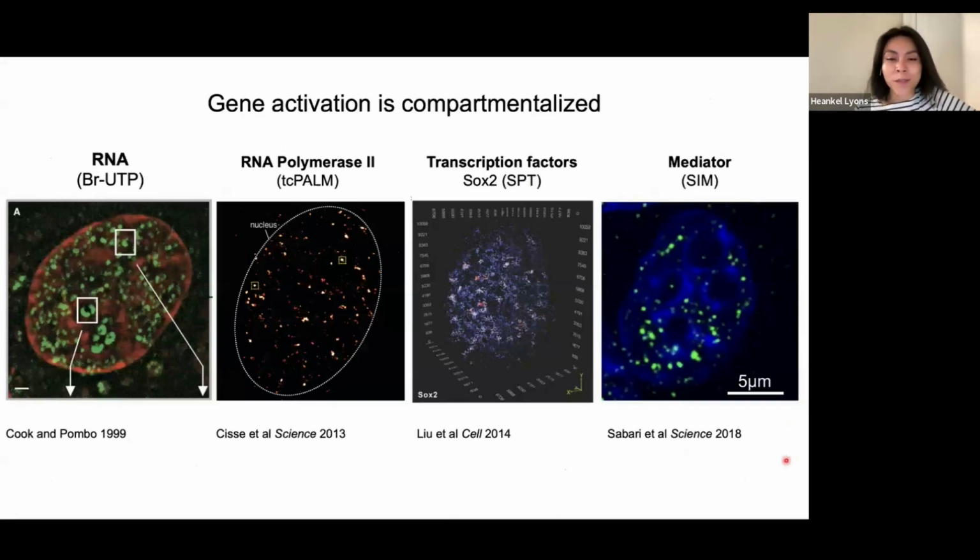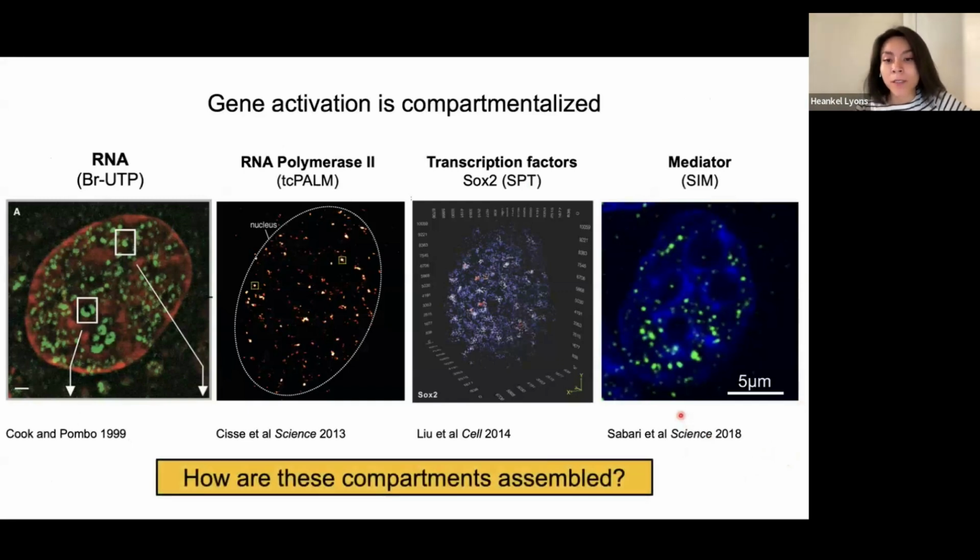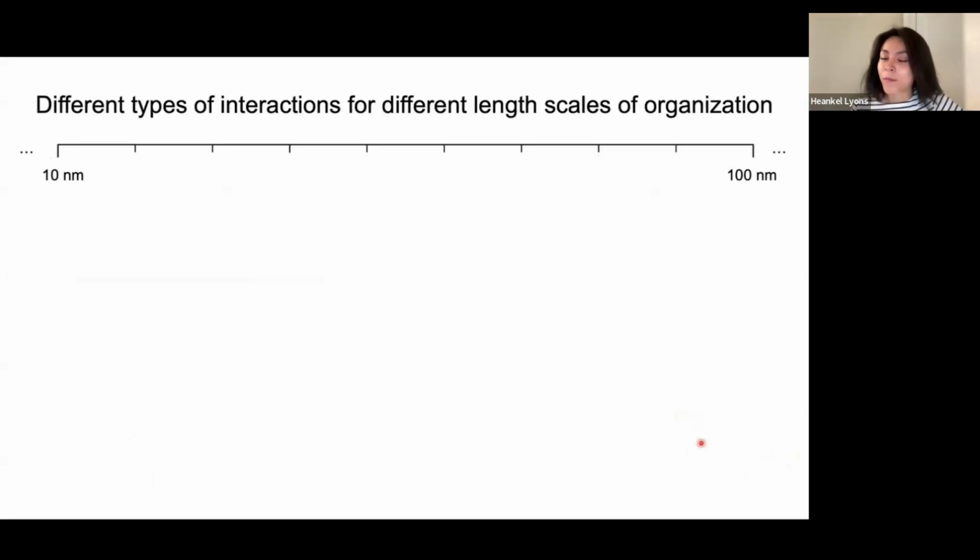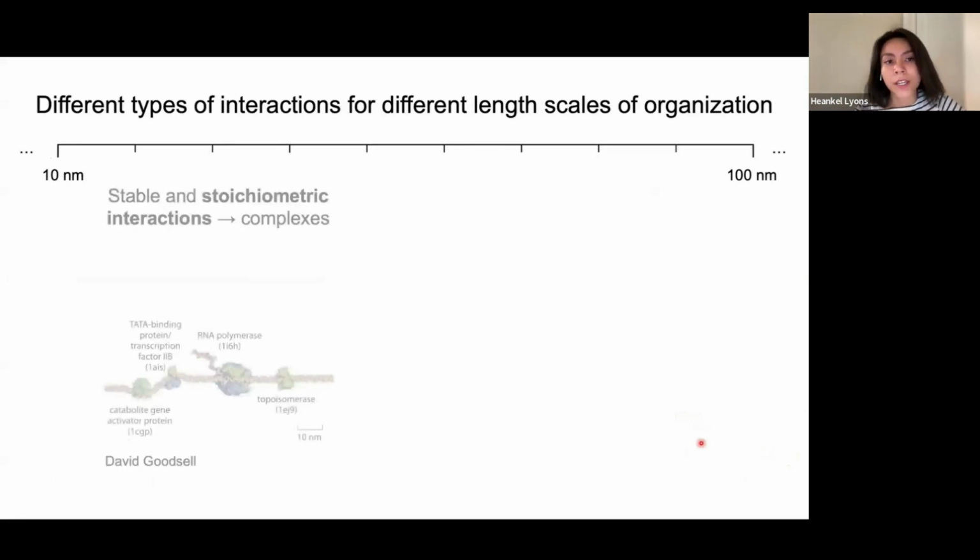For a very long time, it's been observed that the gene activation machinery is organized in the nucleus. And this has received different names, but again, today I'm looking at this under the lens of condensate biology. So a question is, how are these compartments assembled? So just to get an idea of interactions that are working at these different length scales of organization, you're probably familiar with stable and stoichiometric interactions.